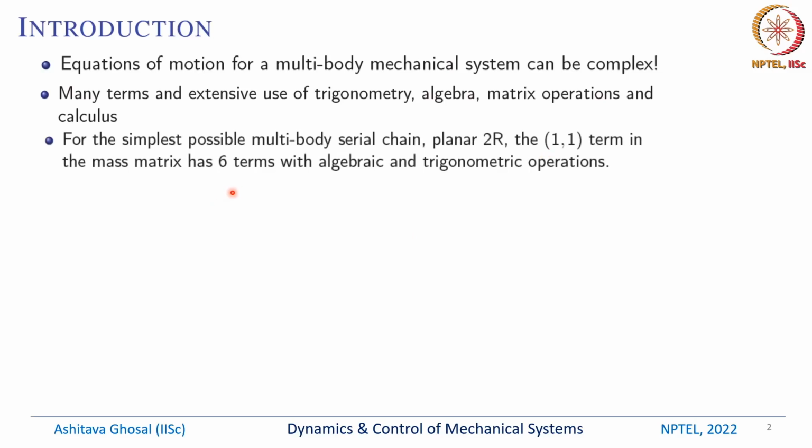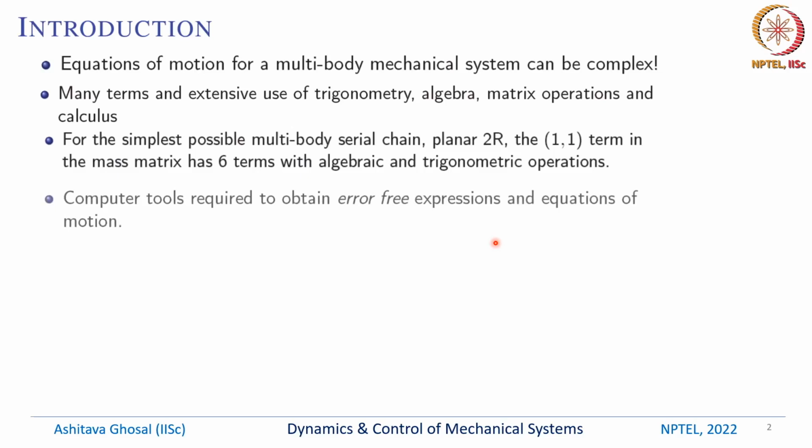Even for the simplest possible multibody serial chain, the planar 2R, if you go back and see the mass matrix, the first term in the mass matrix has 6 terms with algebraic and trigonometric operations. So think of it: if you have a robot with 6 degrees of freedom with many parts, you will have many more terms, and each of these terms will have many algebraic and trigonometric operations, with sine and cosine of angles and so on.